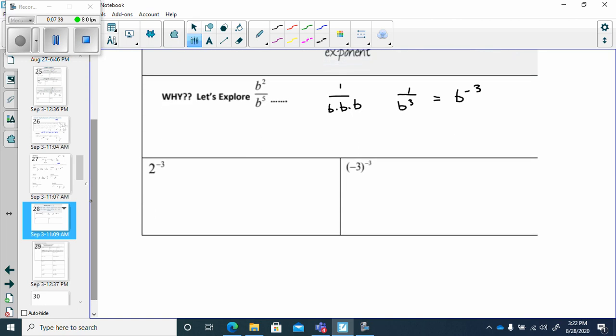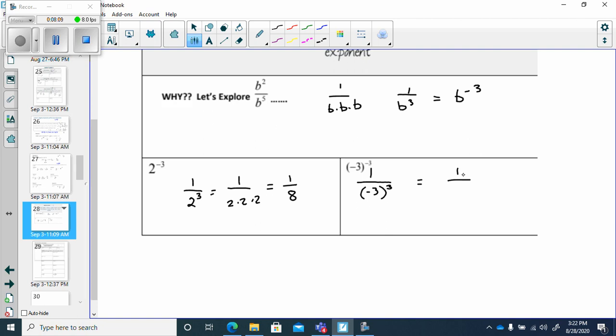Let's see. On this, 2 to the negative third power, that's 1 over 2 to the third power, which is 1 over 2 times 2 times 2. 2 times 2 is 4, times 2 is 8. That's 1 over 8. And negative 3 to the negative third power means that it is 1 over negative 3 to the positive third power.